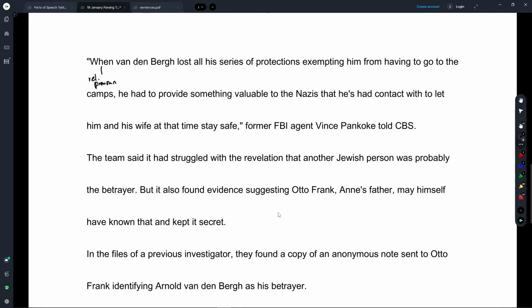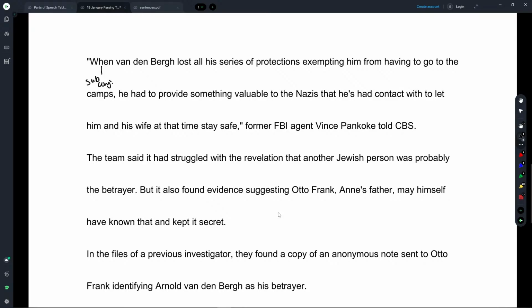This is a subordinating conjunction. Not a pronoun, a conjunction. So here we have a subordinating conjunction, which indicates that we have a new level of this sentence.